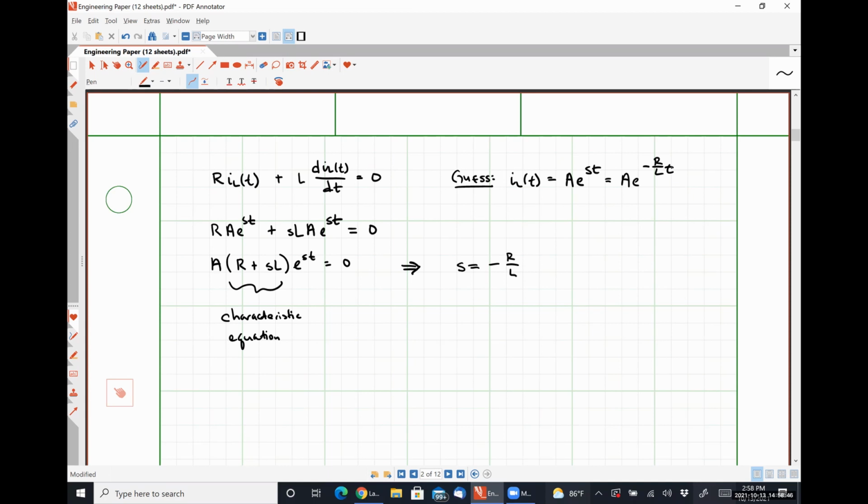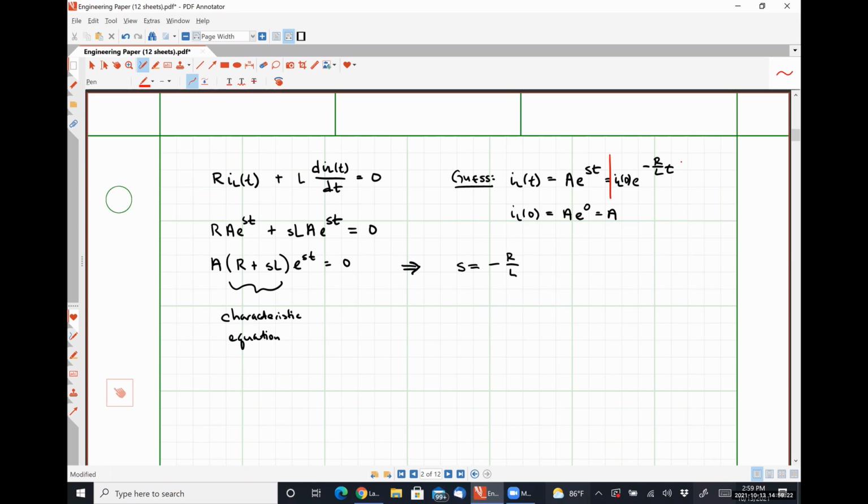So if we evaluated this exactly at t equal to 0, we would have IL of 0 equal to A times e to the 0, which is just A. So I'm going to replace A here with IL at 0.